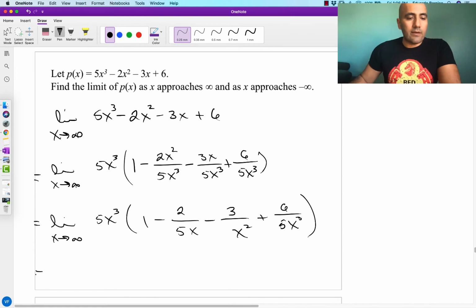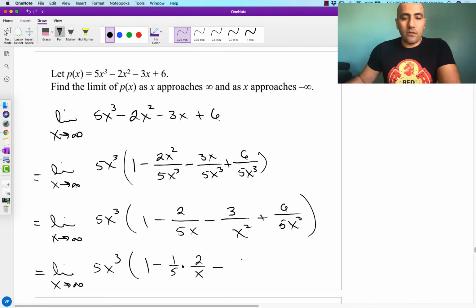So let me rewrite that one more time, actually. Limit as x approaches infinity, 5x to the third power, 1 minus, let's leave the 1/5 out of it. 1/5 times 2 over x, minus 3 over, oh, there's a 1/5 in there as well. 1/5.